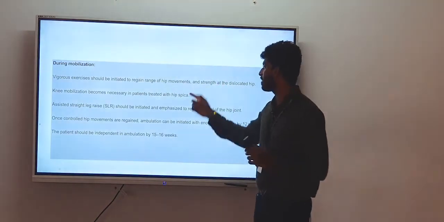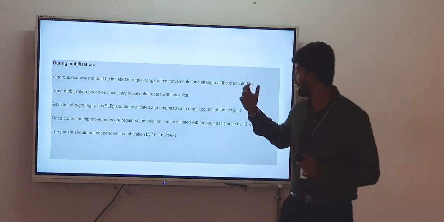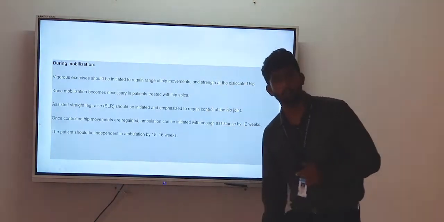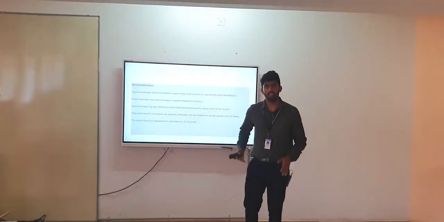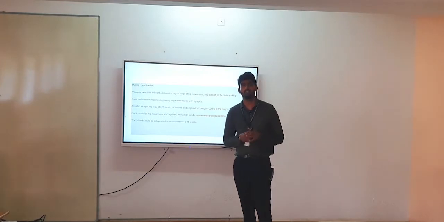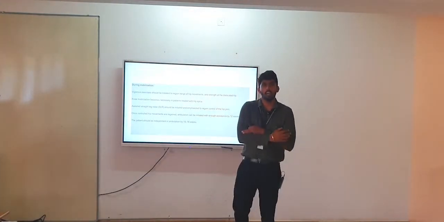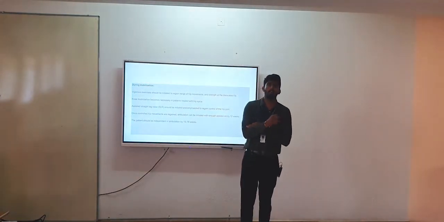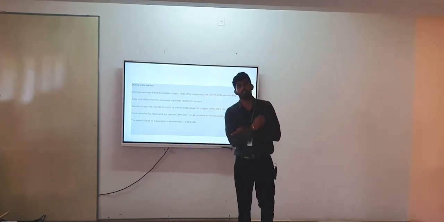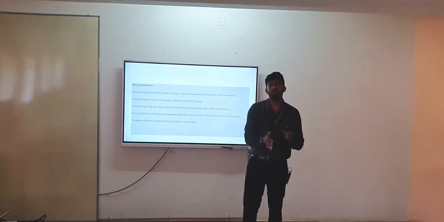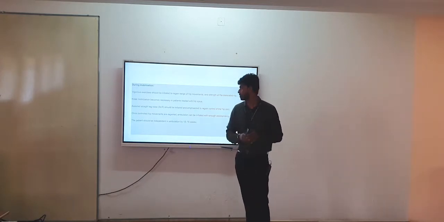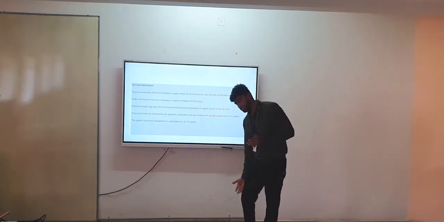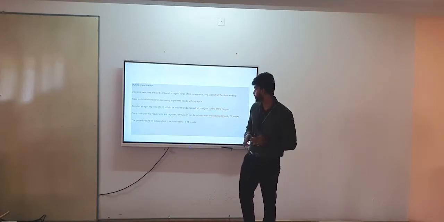So we have to start vigorous exercise over the hip as well as the knee, because according to the rule, if an area is getting restricted, for example, if a person has a shoulder problem, we ask the client to start finger exercises as well as elbow exercises, to make sure the distal and proximal parts do not go for wasting.